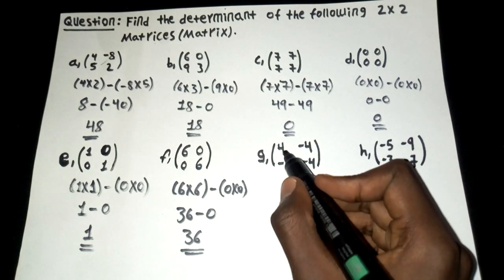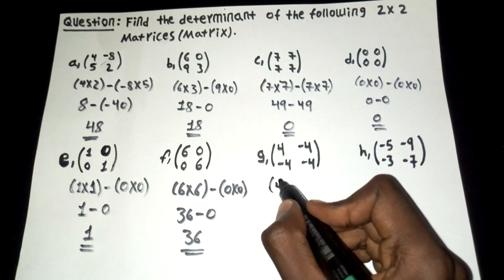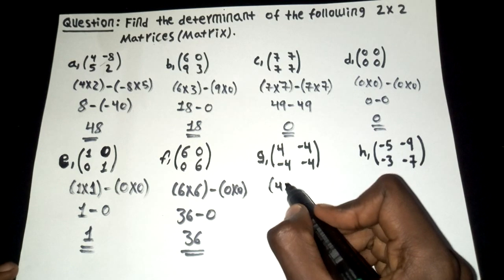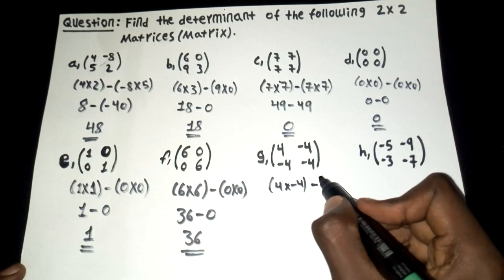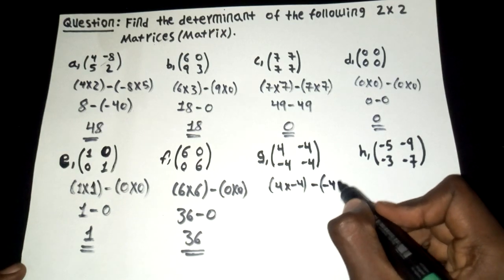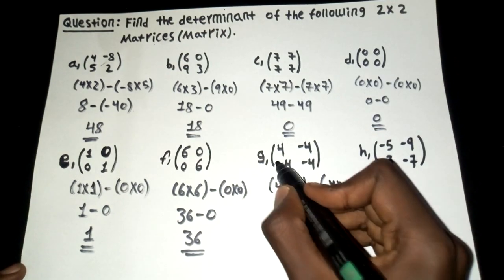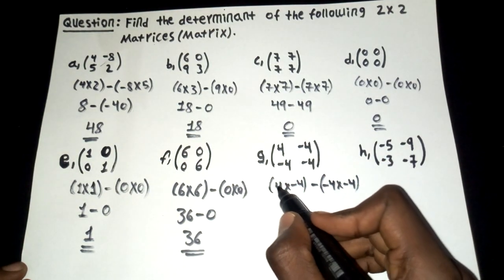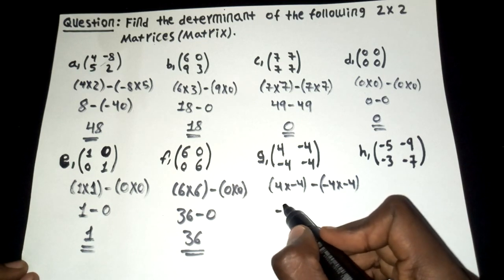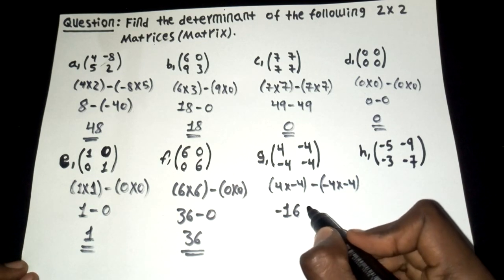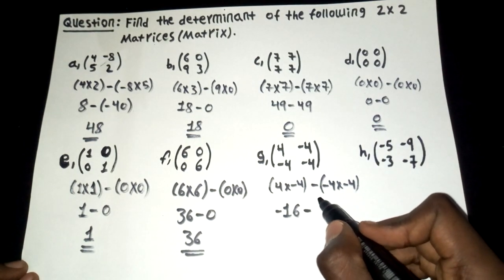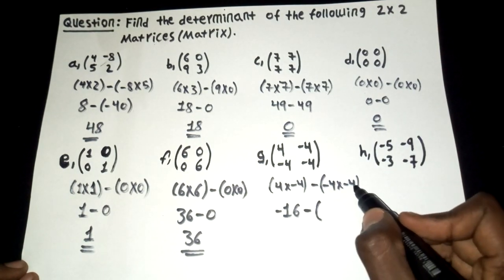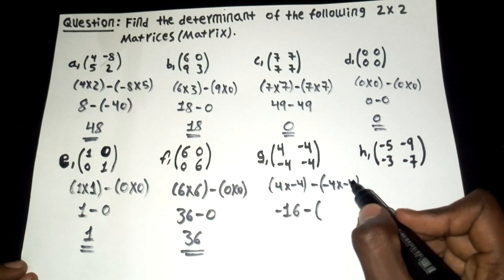Let's prove it. 4 times minus 4, and minus 4 times minus 4. Then 4 times minus 4, which is minus 16. Then do not forget the minus sign. Then minus 4 times minus 4, minus and minus is always plus.